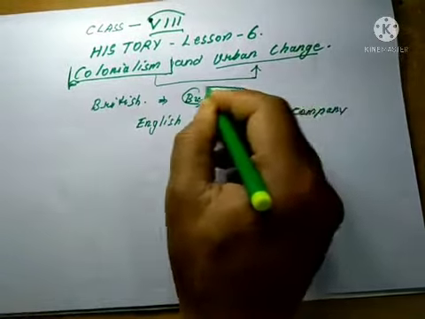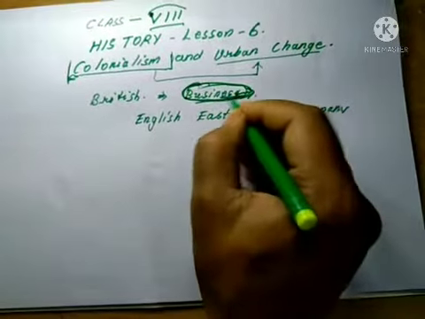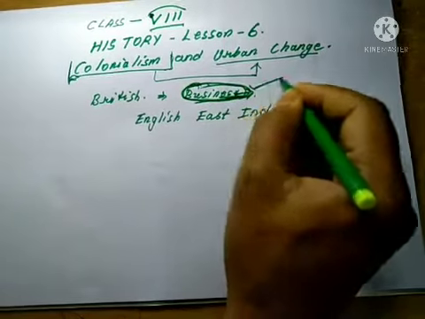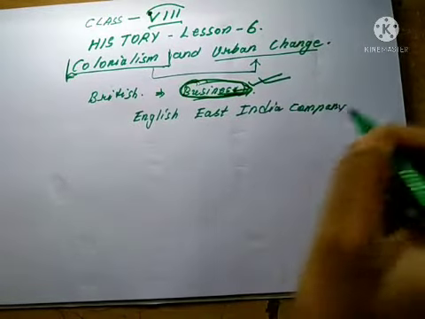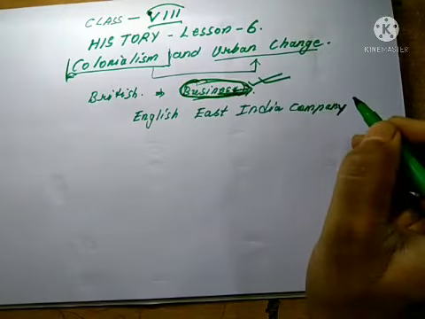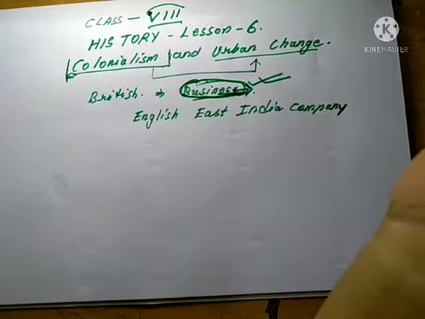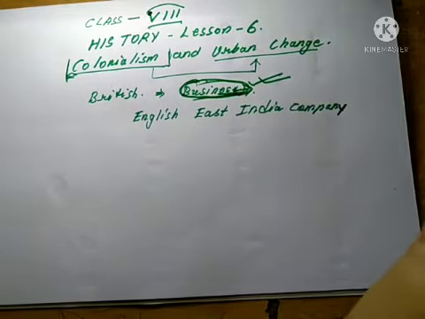And the sole function of the English East India Company was to do business, only business, to earn huge profit by buying the raw materials from India and selling the finished products manufactured in their own industry into India again, because India provided a huge market for dumping their products.